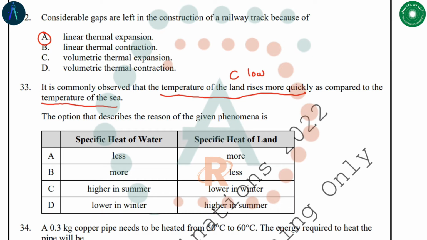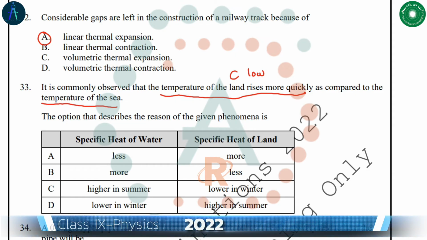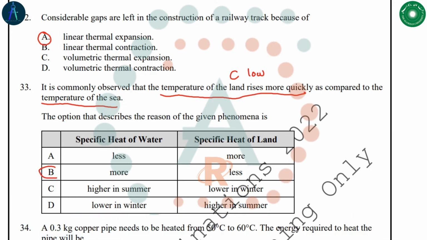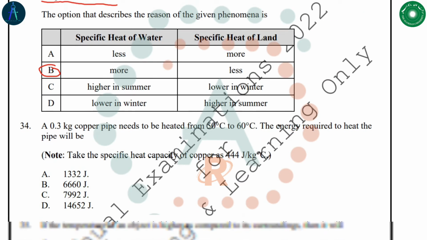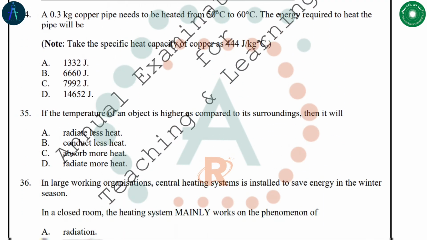And for water, we know that the temperature wouldn't rise so quickly because of the high specific heat capacity of water. So the specific heat capacity of water is high and that of land is low, which makes the land become hotter very quickly as compared to the water.